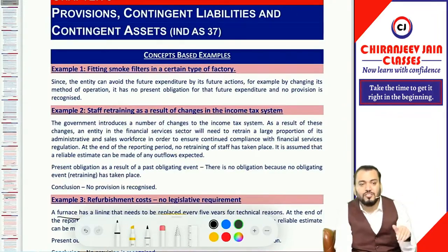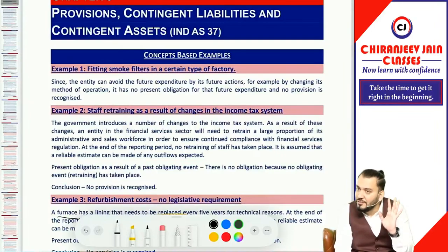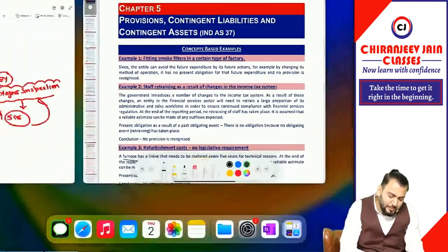Once you have done classes, if you read these examples, everything will come to your mind. But I will not take all examples in class. There are some examples you need to read on your own, because I can't take all examples. Understood? But let me take one more example.